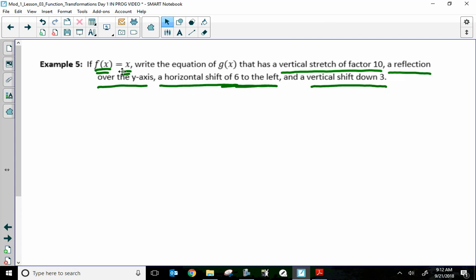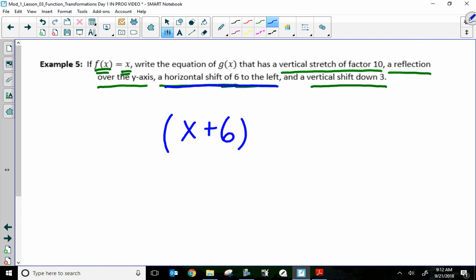So, I know for a fact, here's x, this is what I'm starting with. We always start with our horizontal shift, right? That's inside the parentheses. My horizontal shift, 6 to the left. That means I need to add 6 inside the parentheses, right?